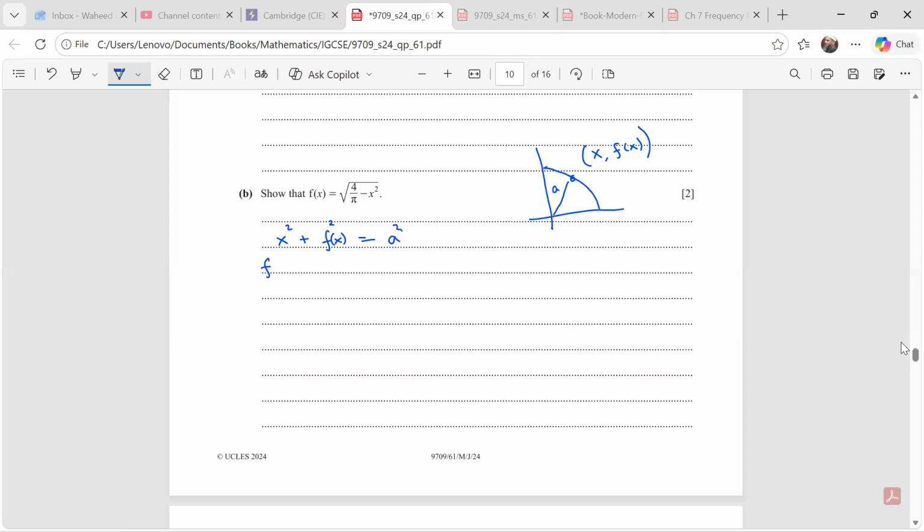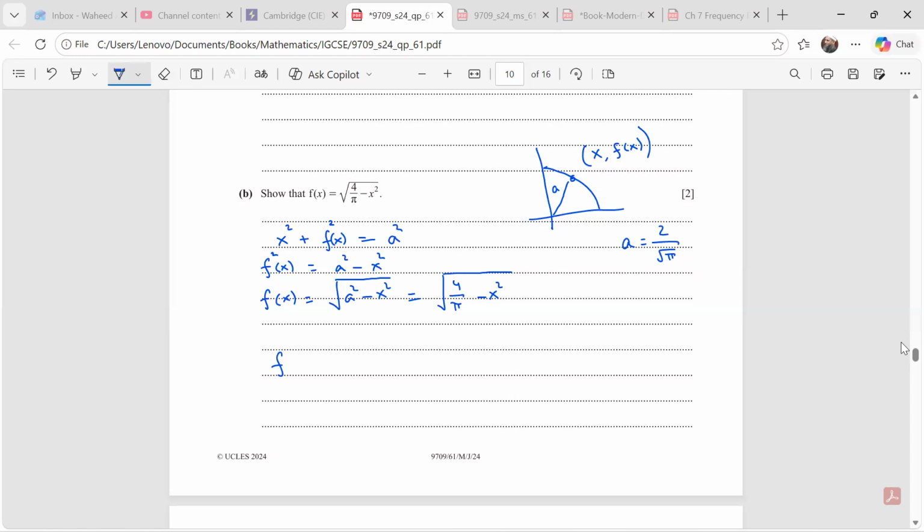From here, f(x) squared is basically a squared minus x squared. So f(x) is equal to the root of a squared minus x squared. We have already seen in part A that a is equal to 2 over root pi, so a squared is going to be 4 over pi minus x squared.